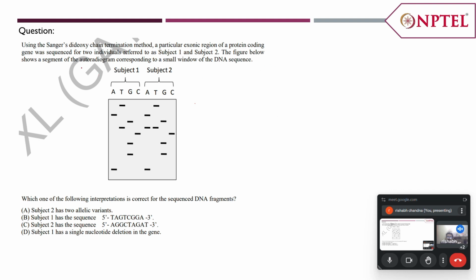The figure given below shows a segment of the autoradiograph corresponding to a single window of the DNA sequence. Okay, so this is the gel that is given for a typical DNA sequence. Which one of the following interpretations is correct for the sequenced DNA fragments? So there are the options. You analyze the data and then we'll discuss.